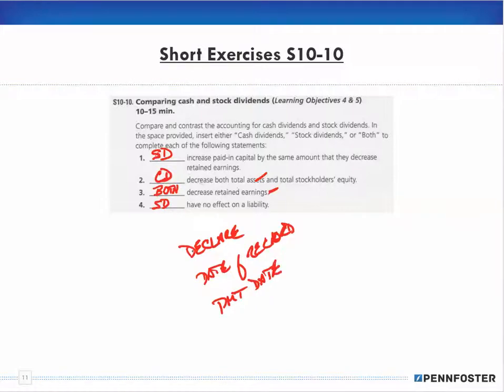So when they declare it, they're taking the money out of the retained earnings, and we're putting it into a dividend payable account, because it sits in there as a liability because we owe it, and it doesn't get paid until the payment date, which is in the future.